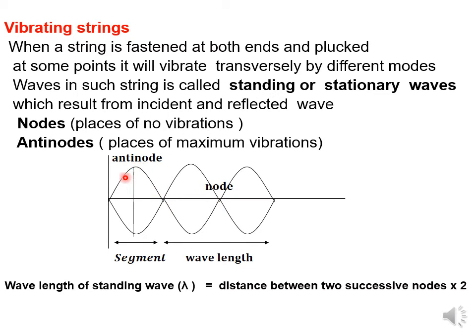This shape is called a segment, so we have here 3 segments. The wavelength of a standing wave, lambda, equals the distance between two successive nodes multiplied by 2.